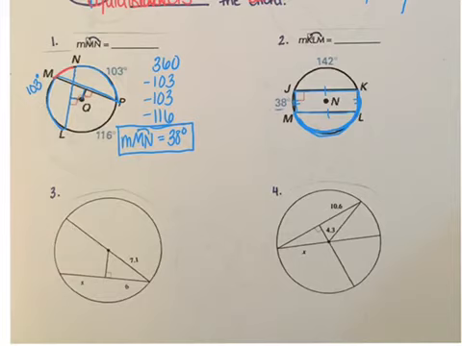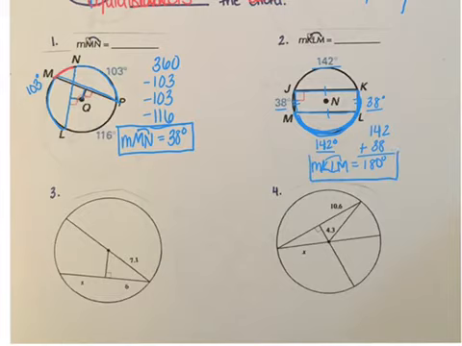If this side is 38, this side is also 38. And if this side is 142, this side is also 142. So to find KLM, we're just going to add 142 and 38 to get 180. So the measure of arc KLM is 180 degrees.